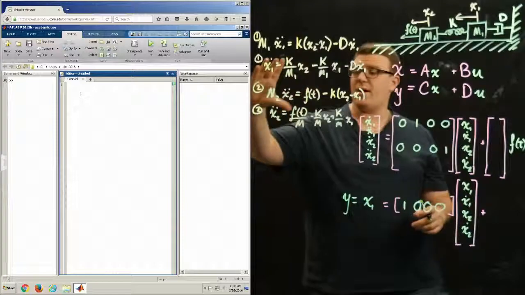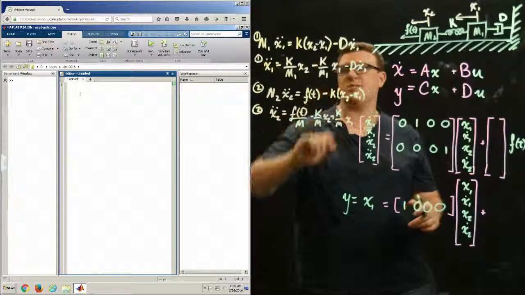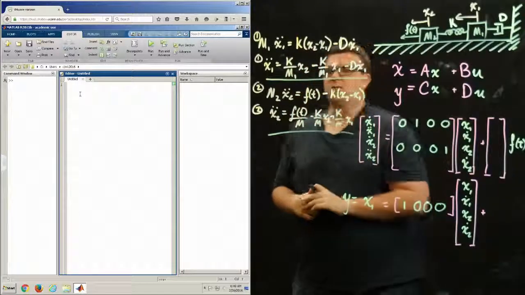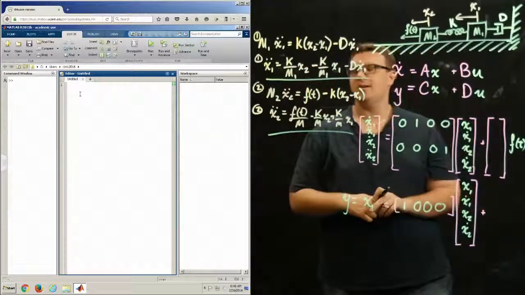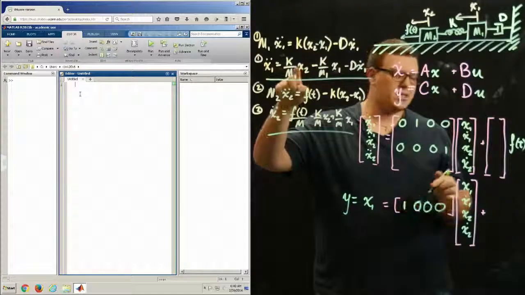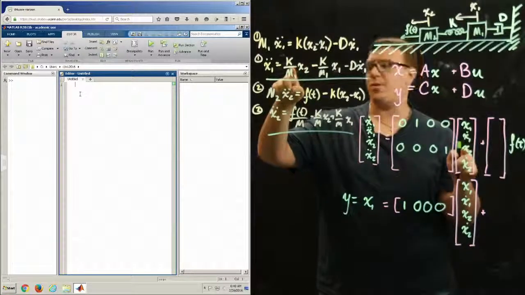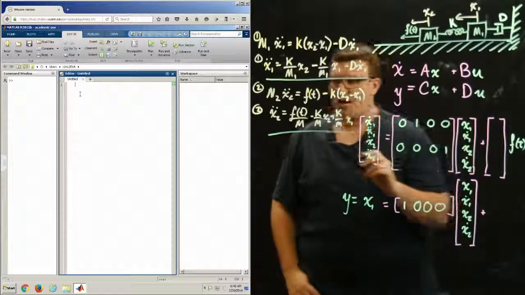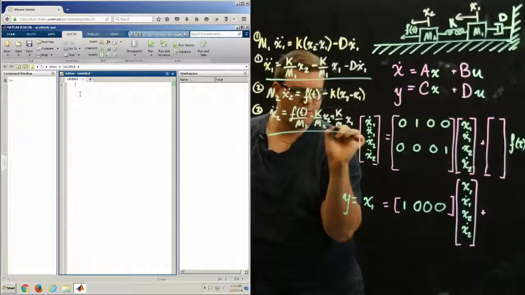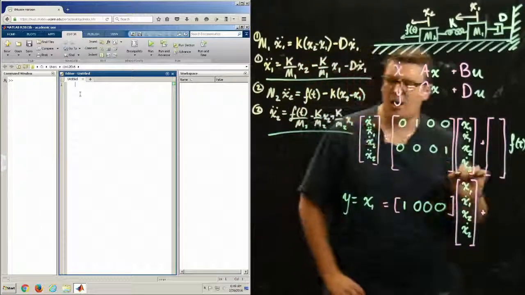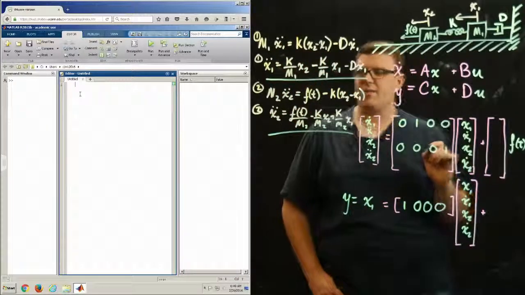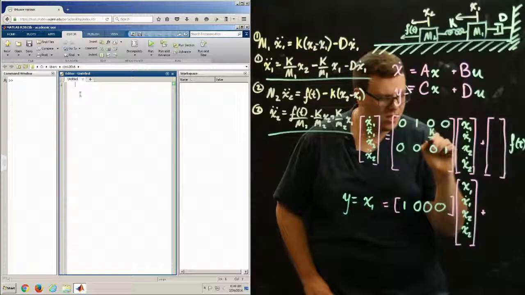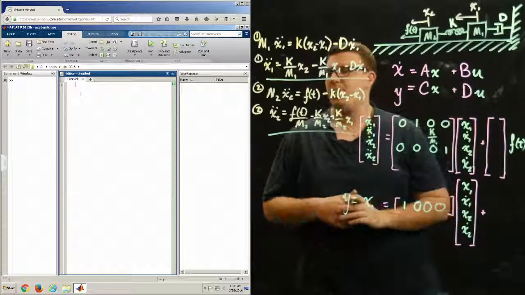For x1 double dot and x2 double dot we have equations here and here. So we can put these in. So in the x2 slot, which corresponds to the 3rd position, and this is x1, we have k over m1. These should be m2s, by the way, if that wasn't clear. So we have k over m1 in the x2 position. So that means that here we should get k over m1.